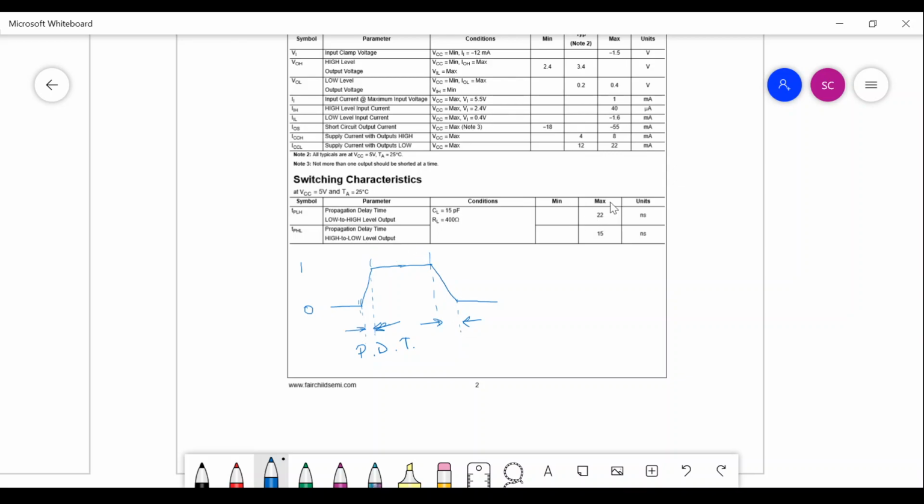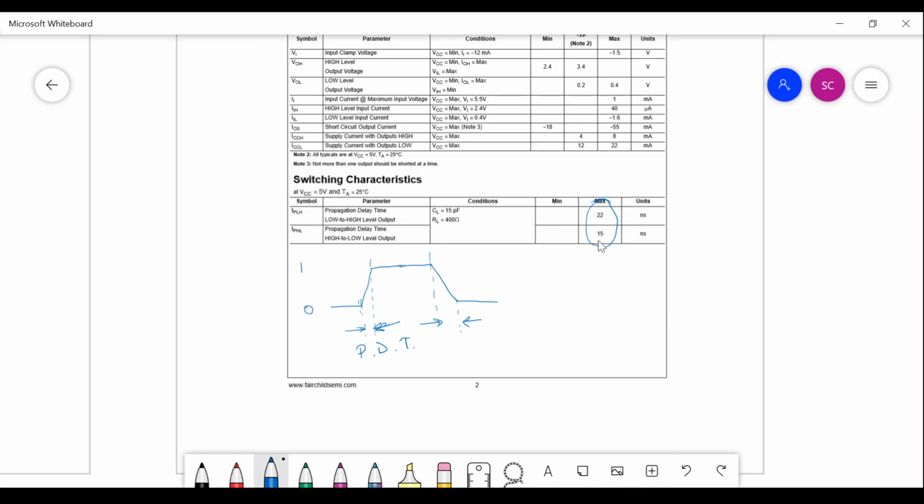As you can see here, both can be different. It says maximum, because at most we would spend 22 units of time to go from low to high. It will not exceed. That is the guarantee the manufacturer is giving us.